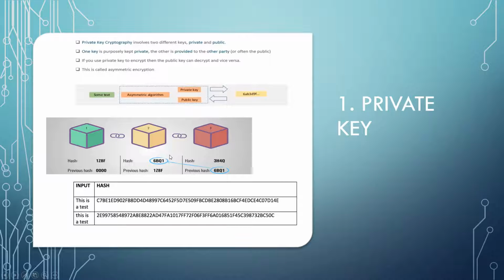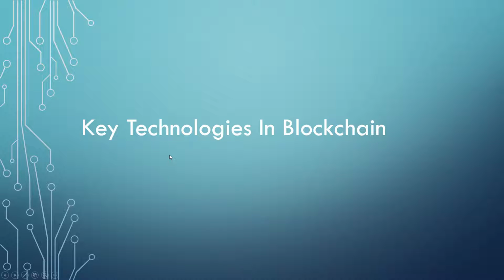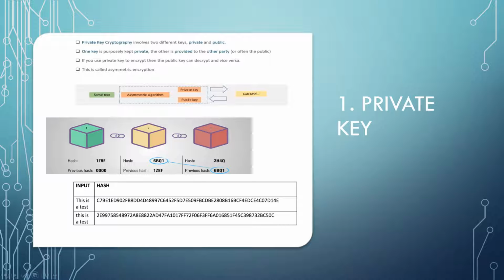Now let's move to the key technologies in blockchain. The first one is private key cryptography. Private key cryptography involves two different keys, a private key and a public key. One key is purposely kept private and the other is provided to the other party, and in most cases the other party is the user. So once a new user joins a blockchain network, two keys will be generated.